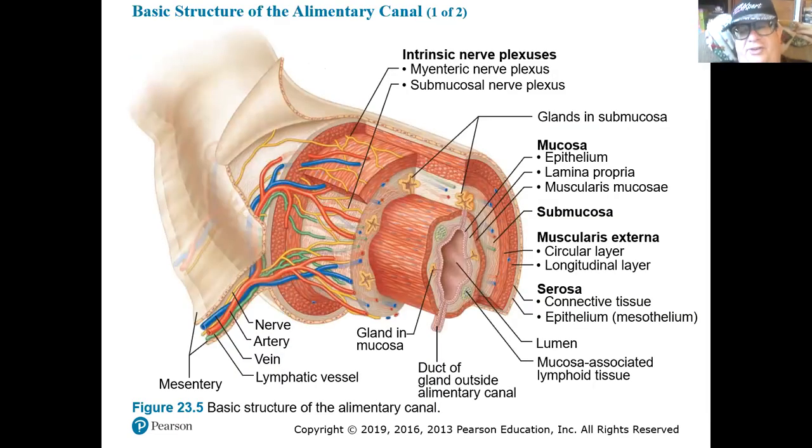And here you can see the difference. This thin little layer here, that is muscularis mucosa. That is part of the mucosal tunic.